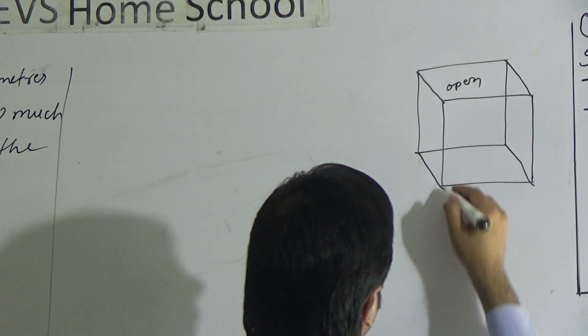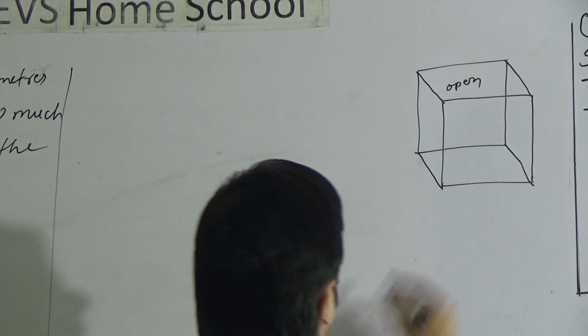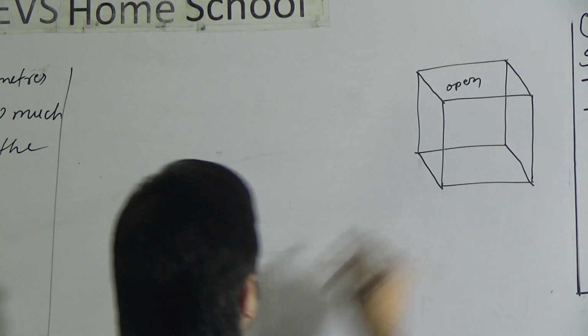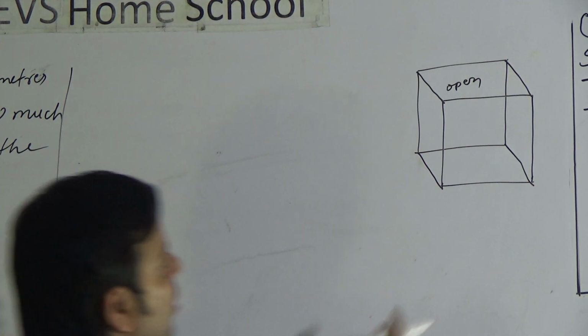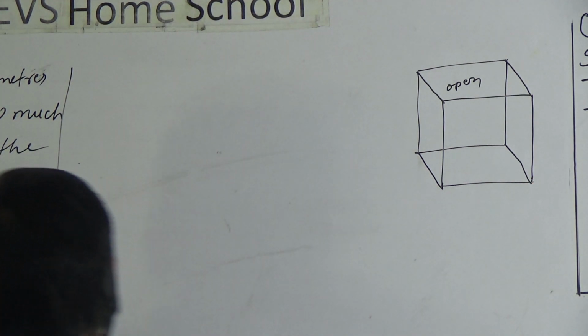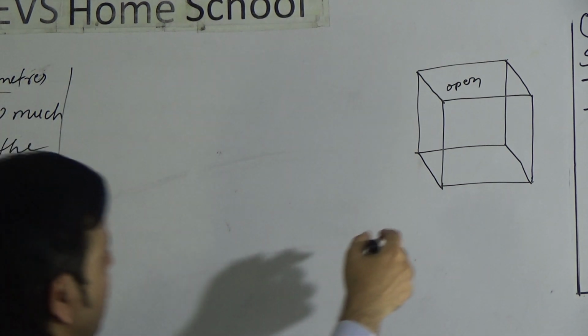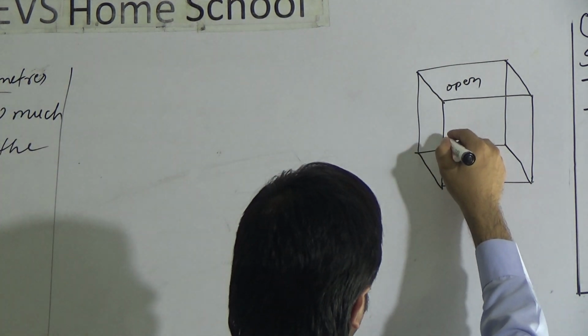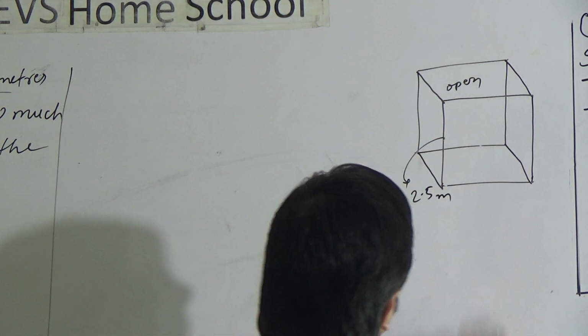As this is square shaped, the length and breadth of this reservoir will be equal. The reservoir has depth 2.5 meters, it means here depth or height is 2.5 meter.